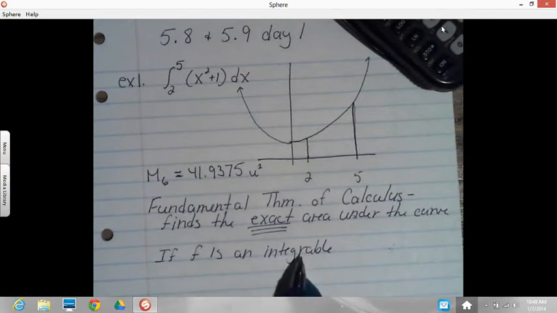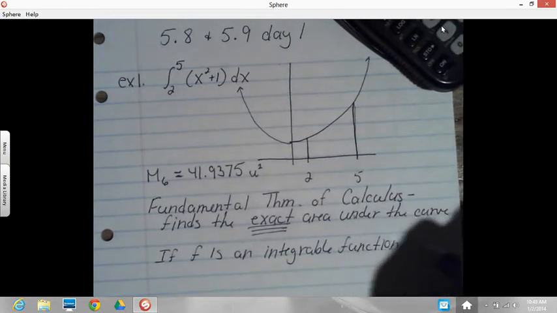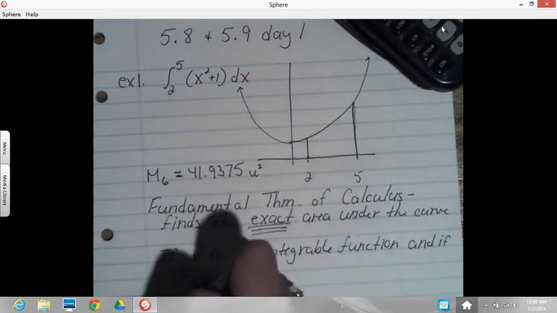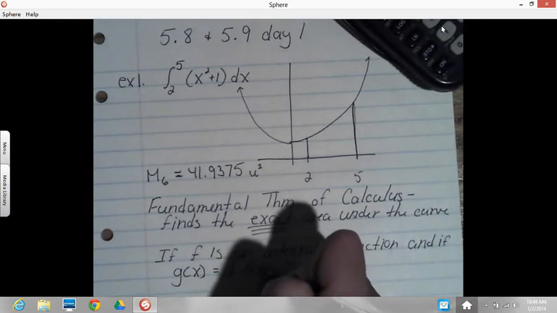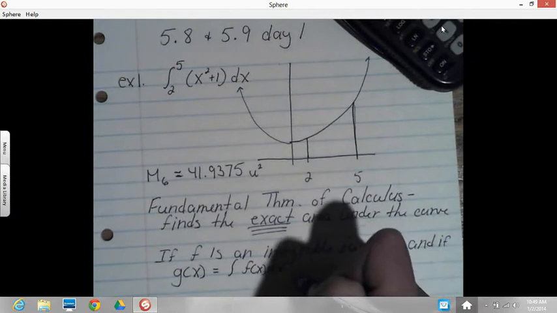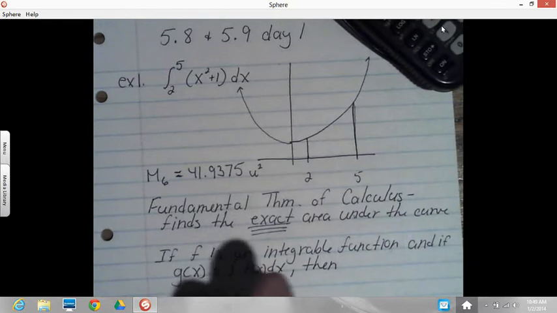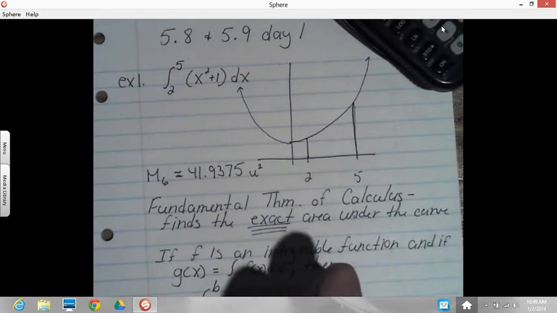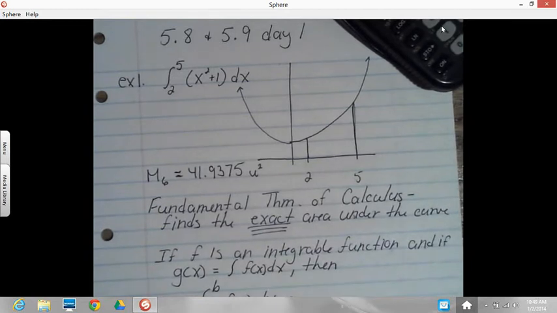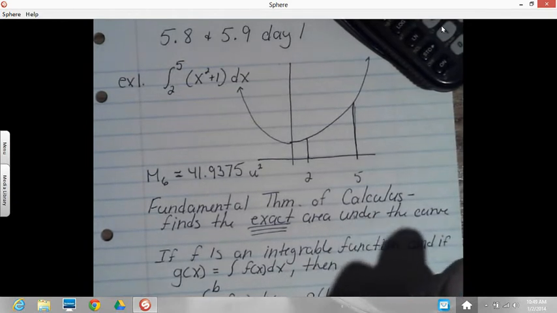So if it's integrable, and if g of x is the antiderivative of f of x, then here it is, the integral from a to b of f of x dx can be found by evaluating function g of b minus g of a.